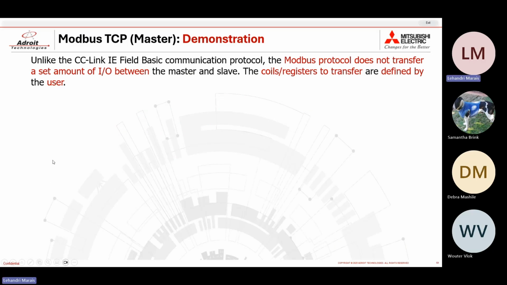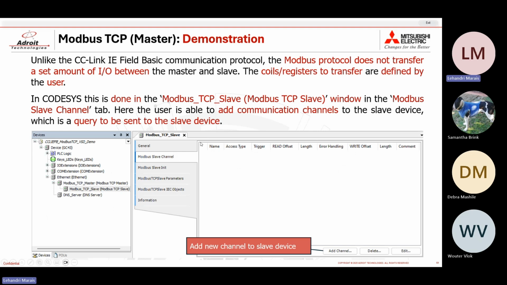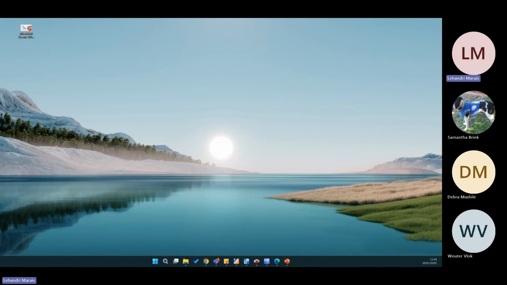Now, unlike CC-Link IE Field Basic, there is not a set amount of data being transferred between the GOC and the VSD. This is more user defined. So the user chooses what registers to read and write with this communication protocol. And this is done by configuring what information you want to transfer in codesys.